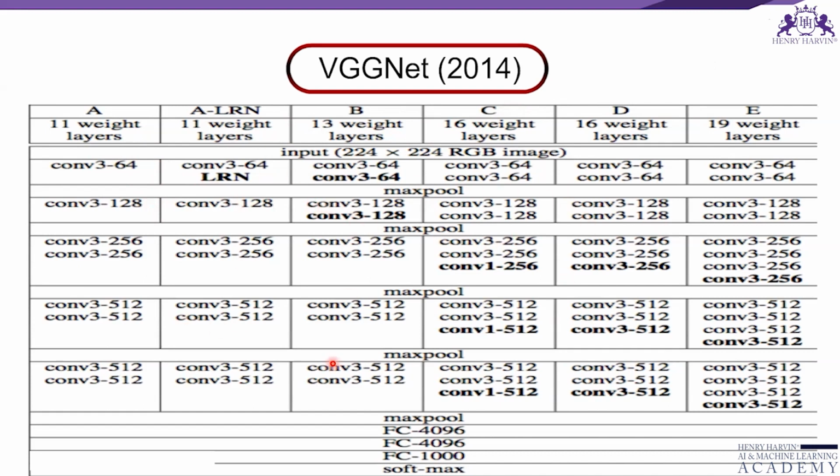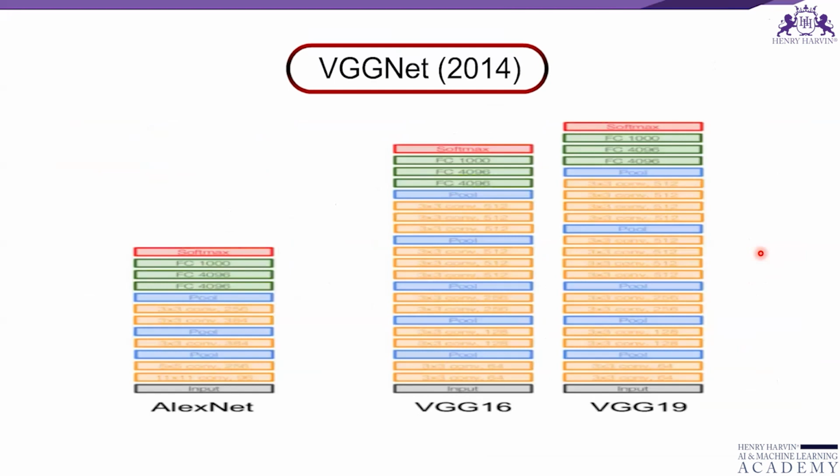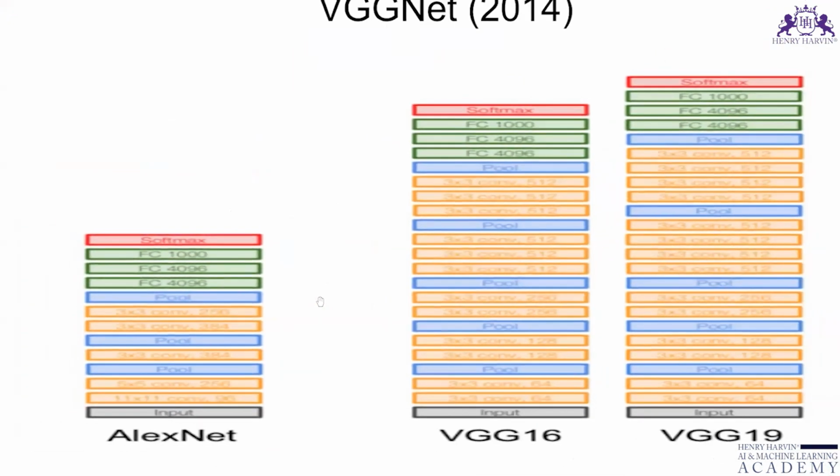So this is the basic comparison of it. Whenever we learn by comparison, it is really helpful for us, right? So you can also compare AlexNet, VGG16 and VGGNet, right? Already we have compared AlexNet with ZFNet, so here also we can compare VGG16 and VGG19. As I told you, here there will be 16 layers and here there will be 19 layers.